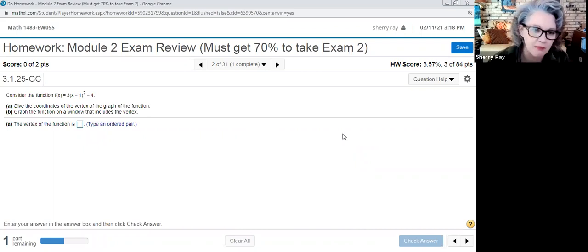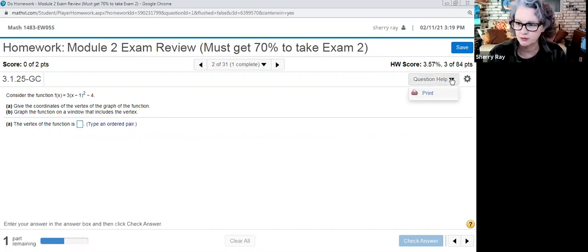Now, this parabola is in the vertex form. And we can type this into the Desmos calculator, but actually there's an easier way to do this problem. The vertex form of a parabola, and let's go to question help.